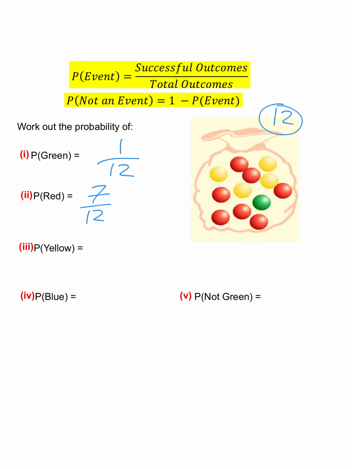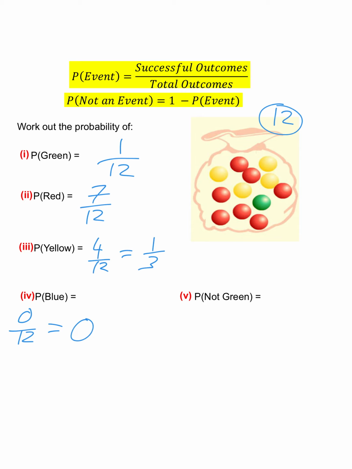For yellow then, we have 1, 2, 3, 4, so that'll be 4 out of 12, which could actually simplify then to 1 over 3 by dividing by 4. Probability of blue then, so there's actually no blue ball, so that would be 0 over 12, which would just be 0. Okay, because there's no way a blue can be picked.